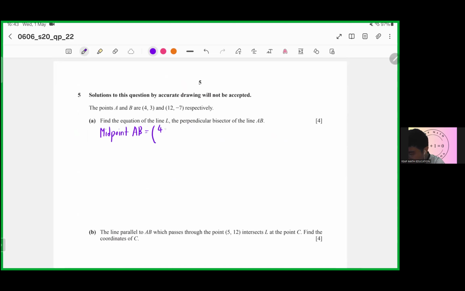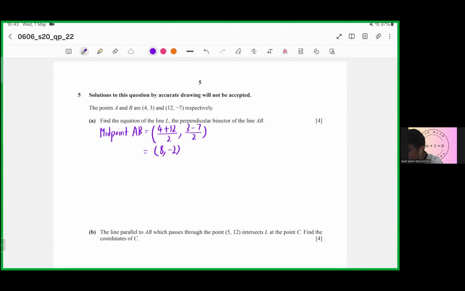So we take (4 plus 12) over 2, (3 minus 7) over 2. So here we get 4 plus 12 is 16, 16 over 2 is 8, 3 minus 7 is negative 4, so negative 2. This is our midpoint for AB.